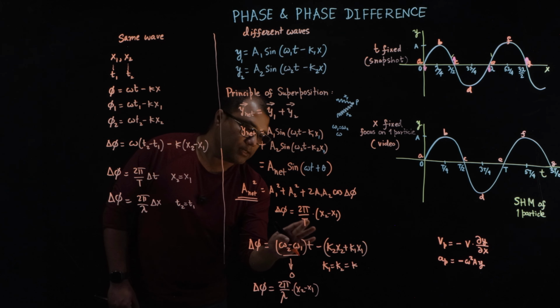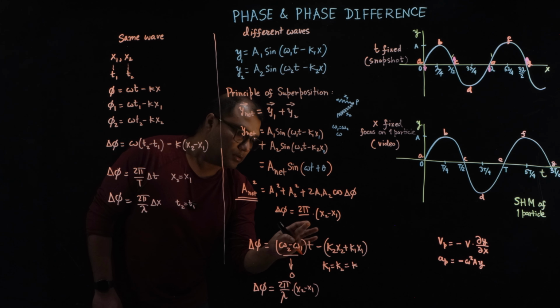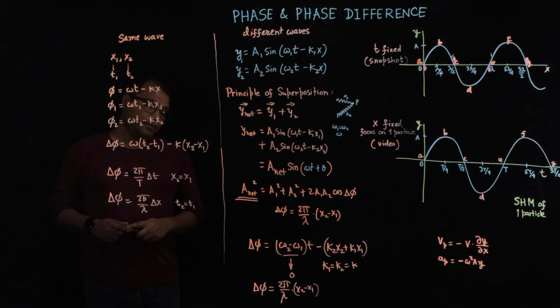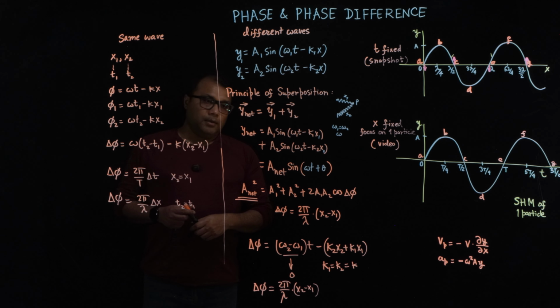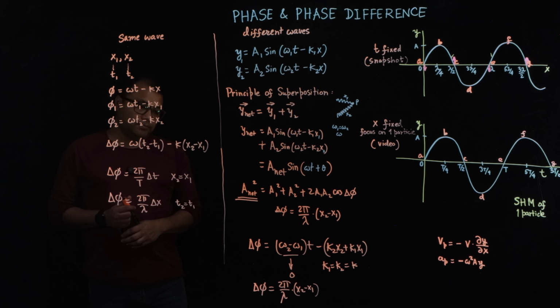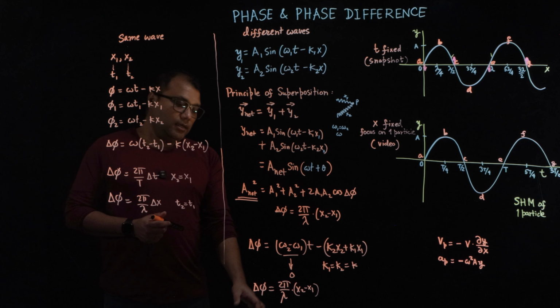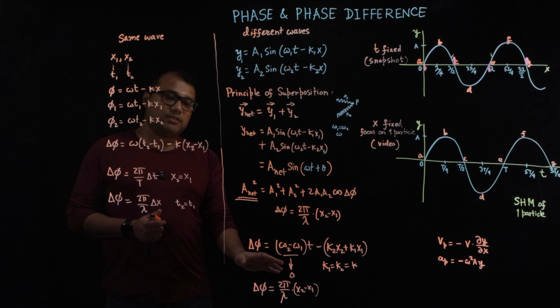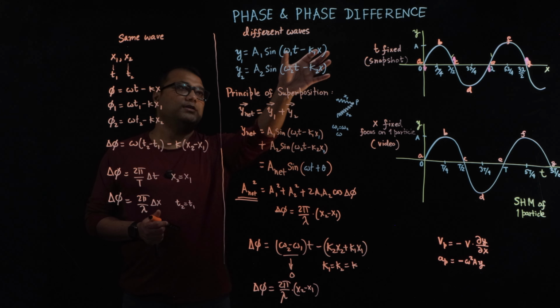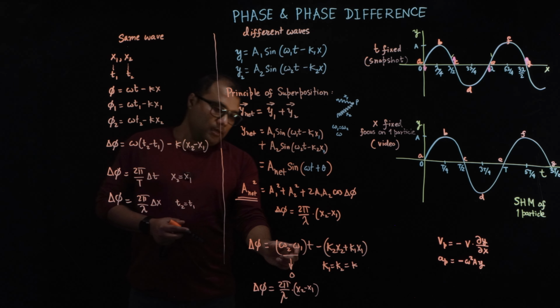I made a mistake here, this should be 2 pi by lambda. Okay. We will discuss this in detail when we talk about interference, but what I wanted to highlight here is that the definition of phase difference remains the same. Phase difference is the difference between the phases.